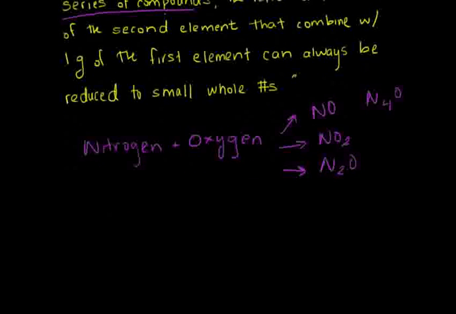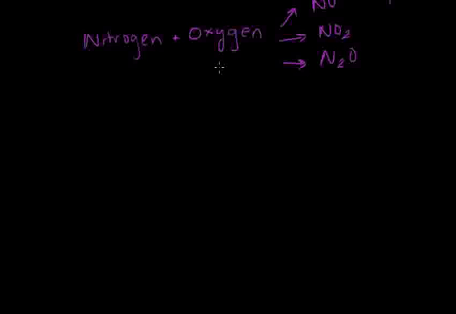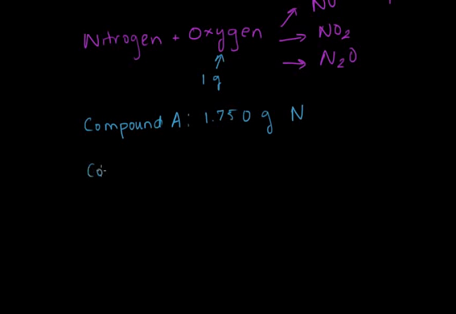And so in this example, we're going to take 1 gram of oxygen and combine it with nitrogen to form different compounds. Compound A has 1.750 grams of nitrogen. Remember, they all have 1 gram of oxygen. Compound B has 0.8750 grams.